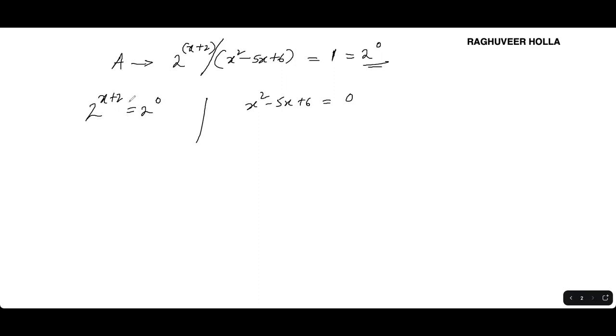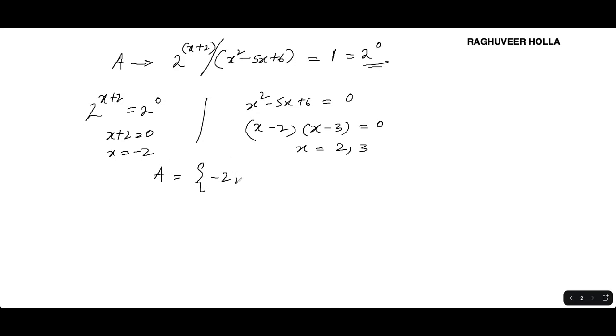So x plus 2 will be 0, or x is minus 2. For the quadratic, you get the factors x minus 2 and x minus 3 equal to 0, or x as 2, 3. If you combine these two, you get set A, which has the elements minus 2, 2, and 3.